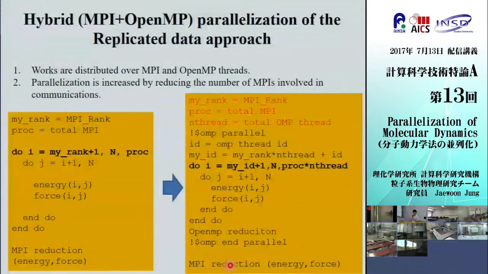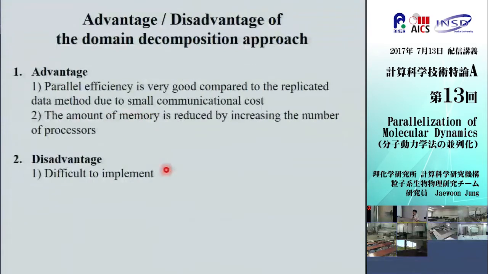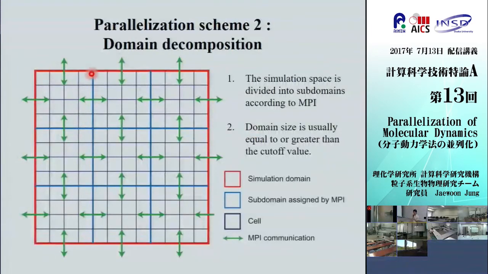This is the main difference. And the amount of memory is also reduced by increasing the number of processors. So each processor has the data of only its subdomain. So if we have 9 processors, each processor has just 1/9 of all the data.